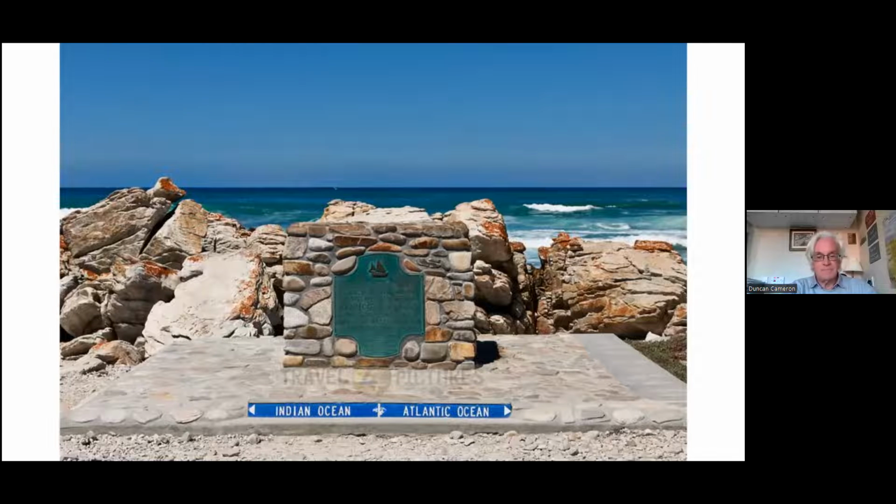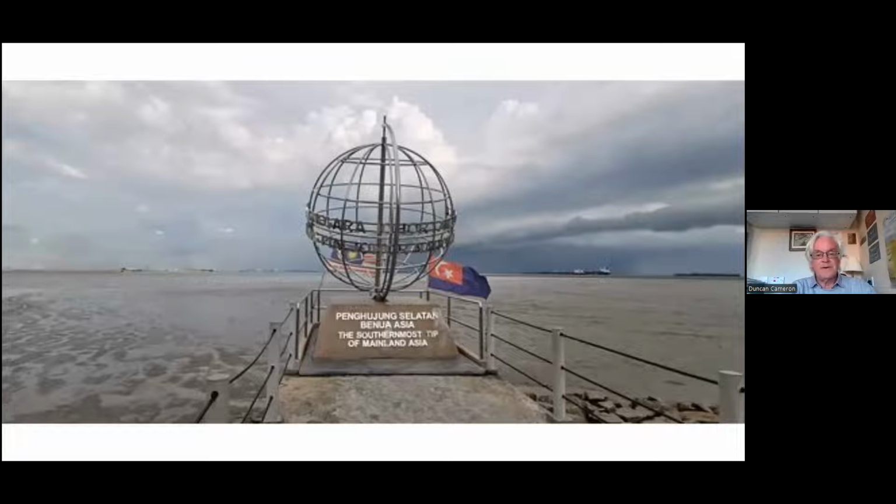The next one. This is Tanjung Piai, as it's called, which is the southernmost point in Malaysia. And it's looking across at Singapore, which of course is an island. So that's the southernmost point of Asia.